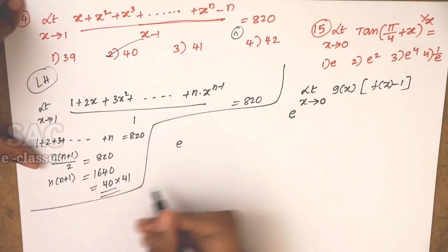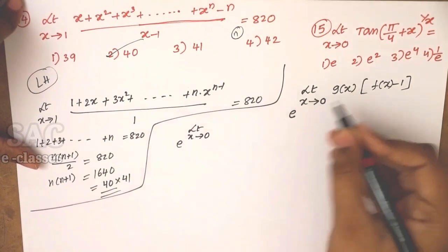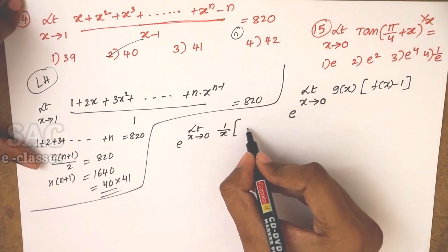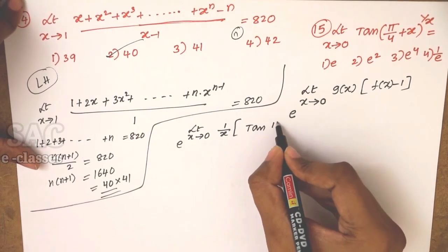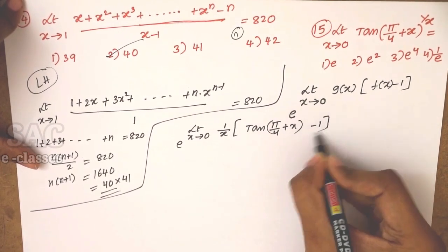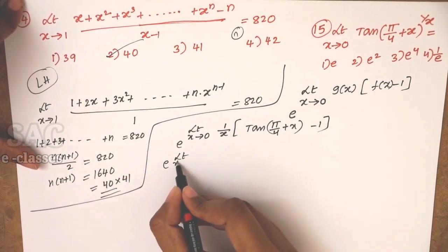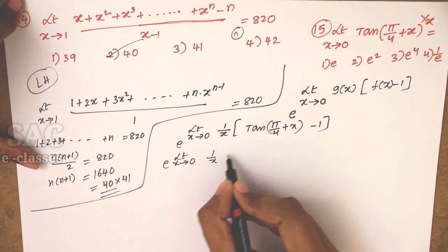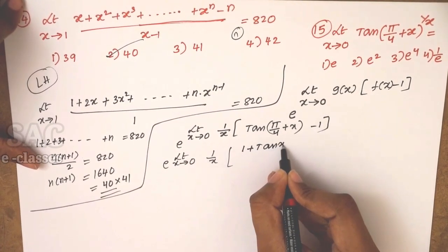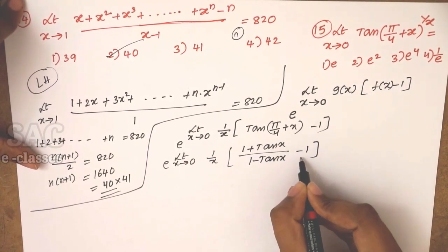So clearly e power limit x tends to 0 g of x. What is g of x here? It is 1 by x. Then tan of pi by 4 plus x minus 1. We all know that tan of 45 plus x will be what? You can write it as 1 plus tan x by 1 minus tan x, minus 1.